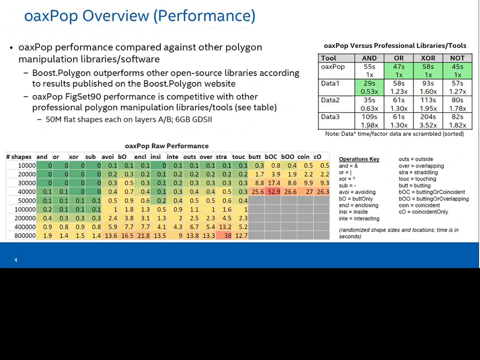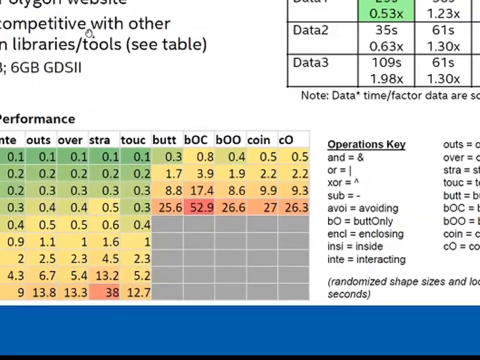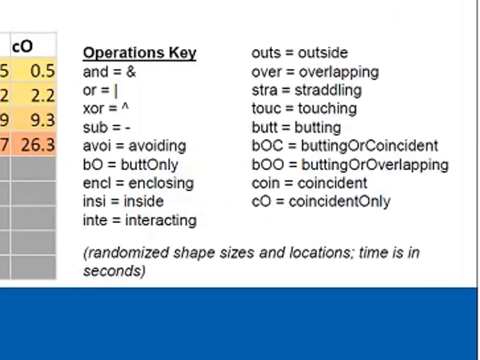We also did some performance analysis within itself, again using the basic Boolean operations in that bottom table. The first four columns show the basic AND, OR, XOR and NOT or sub. And then it shows the ULM operations after that, which of course all derive from the primary ones, so they're going to be slower just given that fact alone.